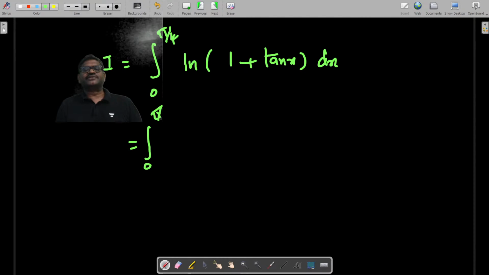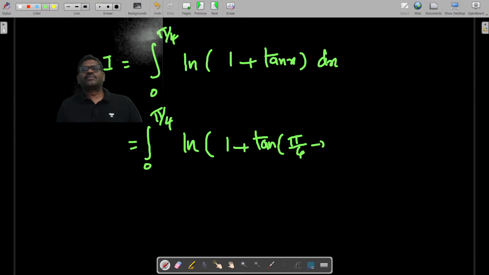This can be written as 0 to pi by 4 log 1 plus tan (pi by 4 minus x) dx.